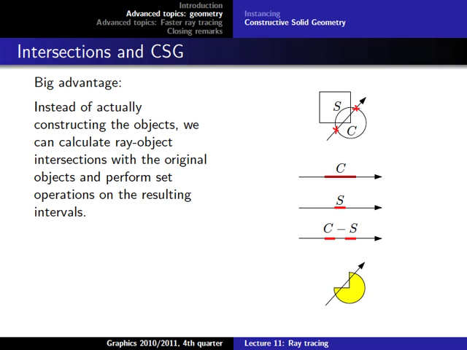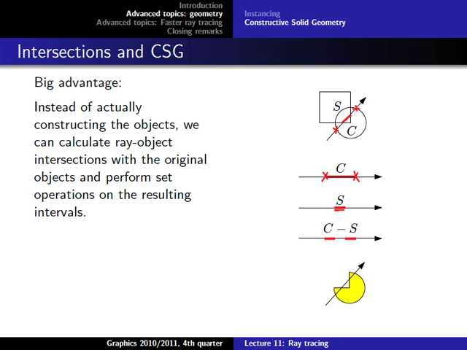So we look at the interval. I'm not drawing it right now because otherwise I cannot distinguish it from the other intersection. But this is the intersection interval, from here to here. Now if we calculate the intersection of the ray with S, the square, we get a shorter interval that is here.